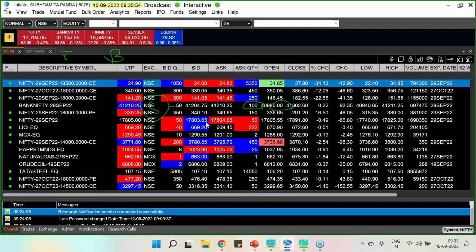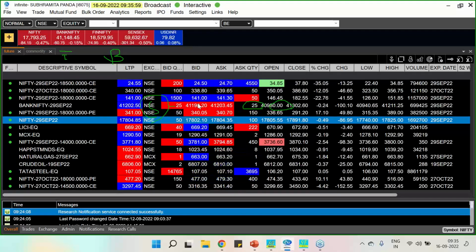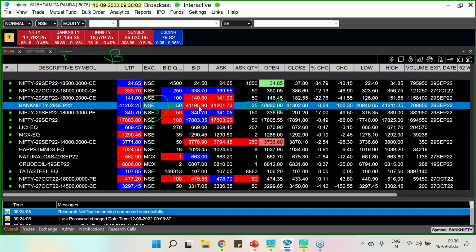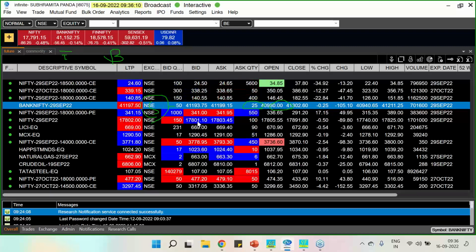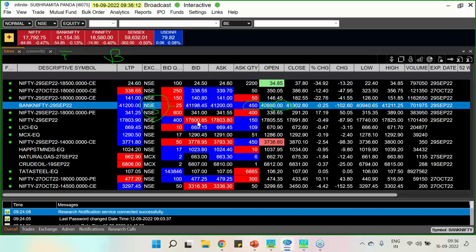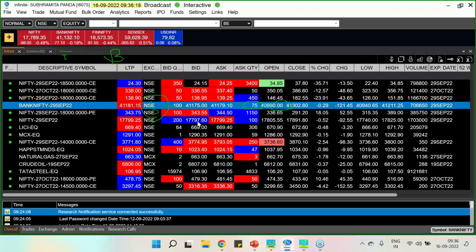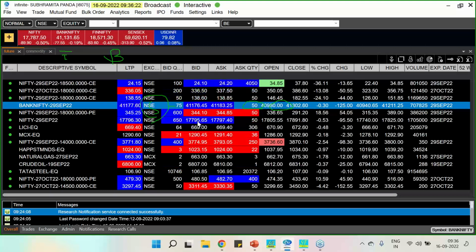So here what we have to do is sell the Bank Nifty at 41,200 level, and buy the Nifty at 17,800. If possible, you can hedge both the trades, nothing wrong in that. If you hedge both the trades, you will have lesser margin, and hardly it will take some 1 to 1.5 lakhs margin.